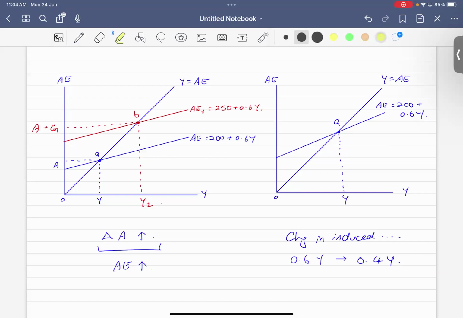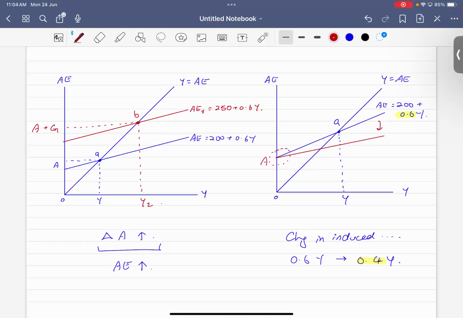Now what happens is this part becomes smaller to 0.4, for example. It will shift the graph downwards, pivoting at the same autonomous consumption here. So it will become like this. Not to say the whole thing shifts, because this part, your autonomous, remains the same.